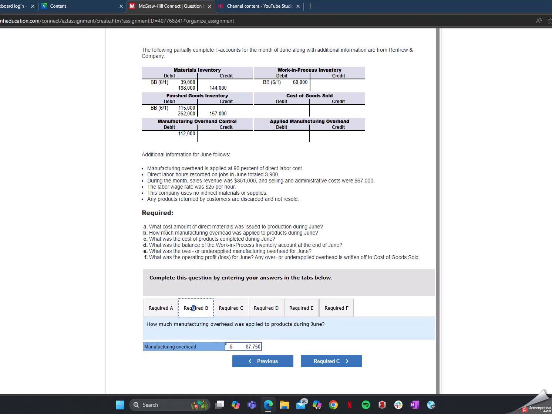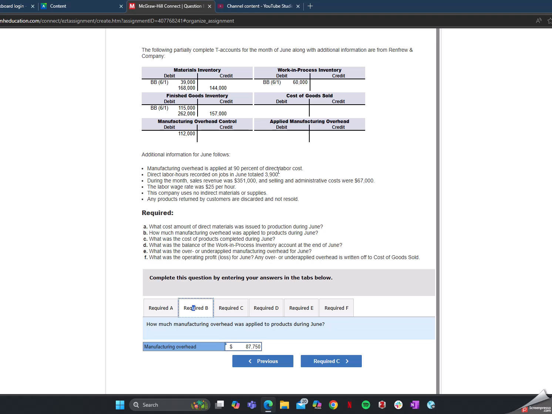Then B says, how much manufacturing overhead was applied to the products? If we look up here at our T account, we don't see a number that we can pull, so we have to look at the detail. Manufacturing overhead is applied at 90% of our direct labor cost.